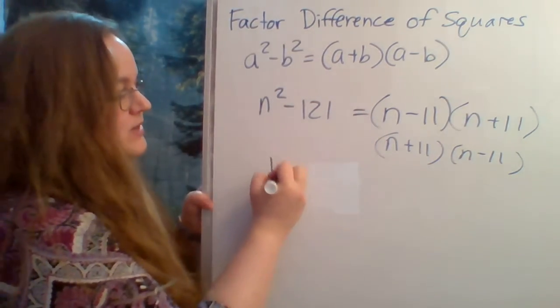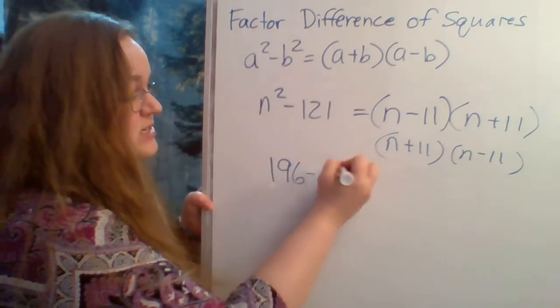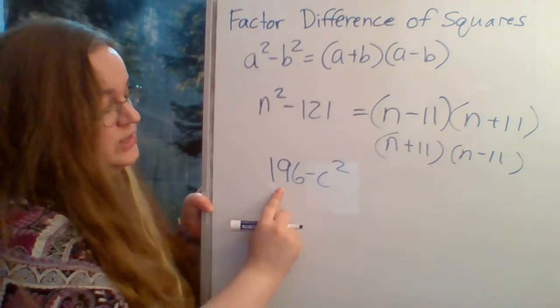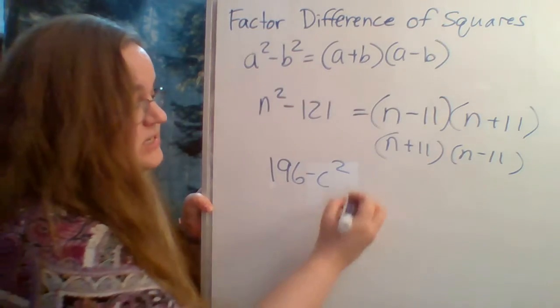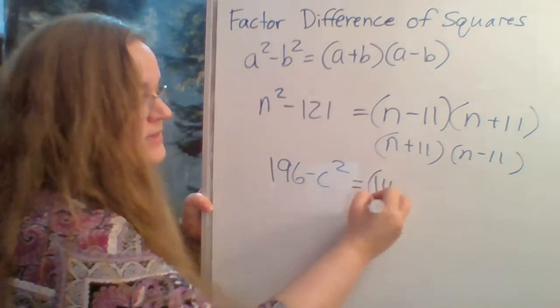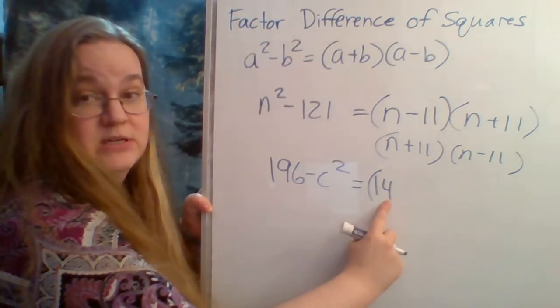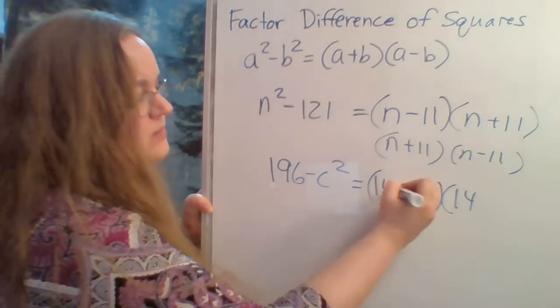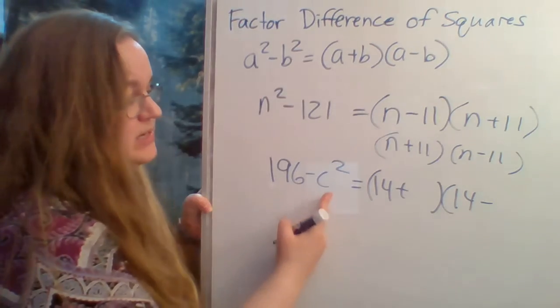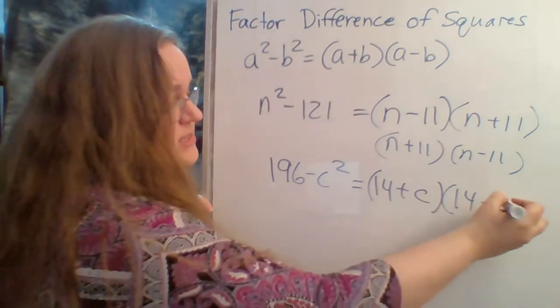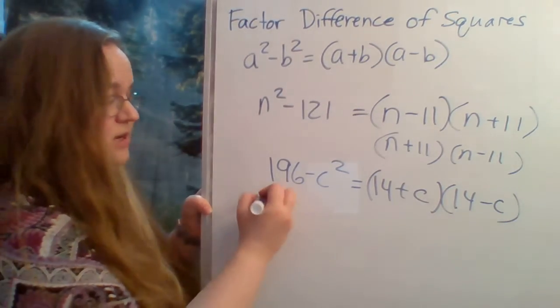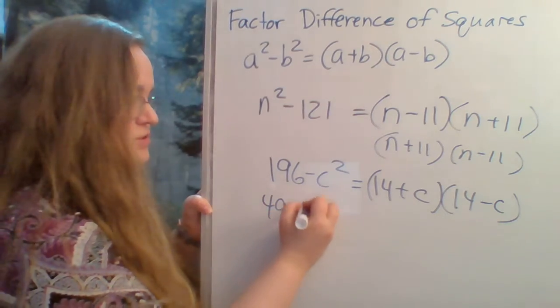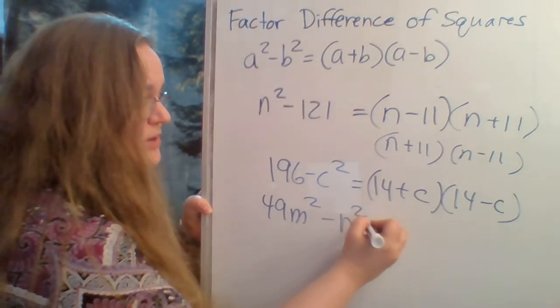If I have 196 minus c squared, the square root of 196 is 14. It's listed first, so I'm listing it first here instead of the variable. One's going to be plus, one's going to be minus. The square root of c squared is c. Next, 49m squared minus n squared.